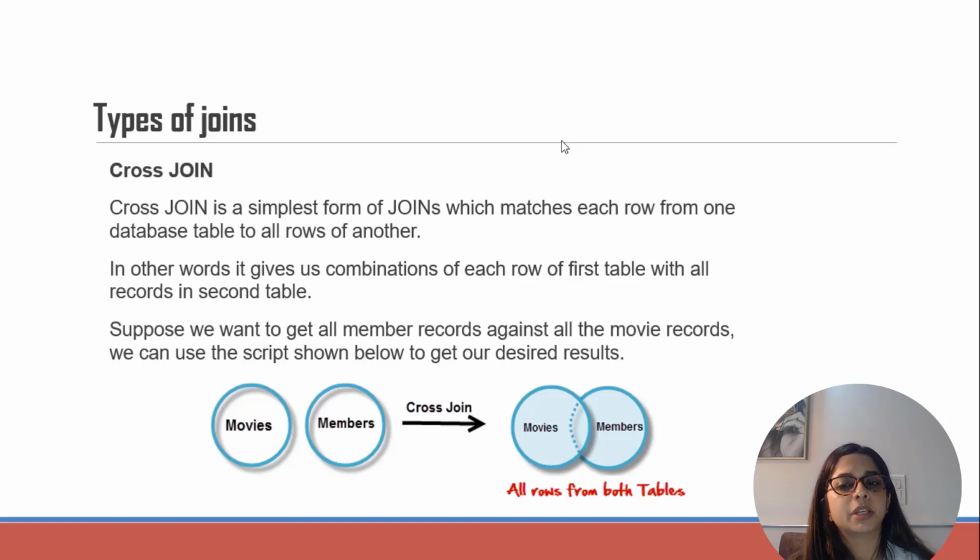Cross join is the simplest form of join, which matches each row from one table with each row of the other. If you take two circles as the two tables, the cross join will produce a result containing everything in these two tables. Considering a Venn diagram, even the overlapping part, everything will be printed as part of the cross join result set.